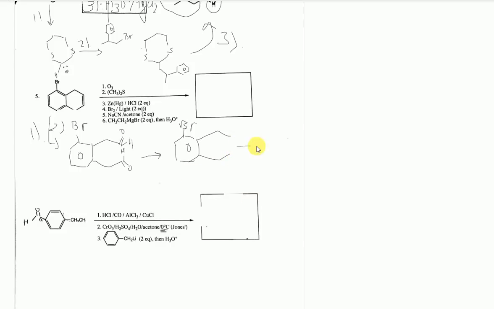And then we have step 4, Br2 and light, and so this is going to be brominating our benzylic positions. Always this position, right? And then step 5, NaCN. That's an SN2 reaction.